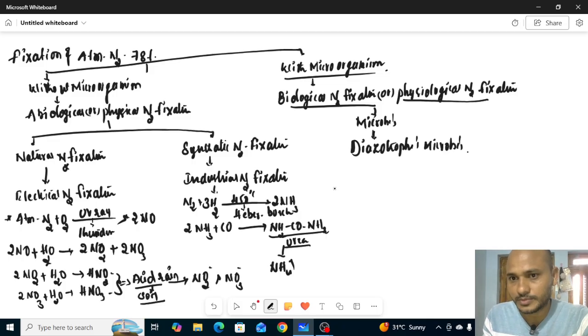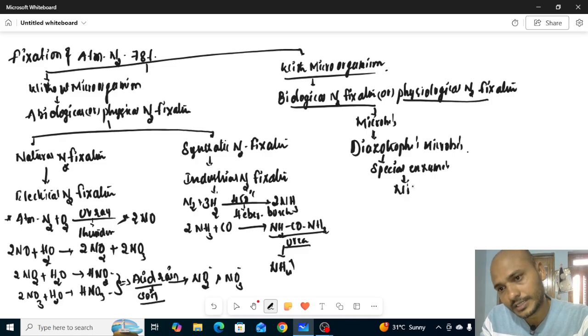These enzymes are called nitrogenase enzyme. Nitrogenase enzyme is the most important enzyme. This enzyme plays a crucial role in the atmospheric nitrogen fixation process. We will discuss some important things about the nitrogenase enzyme.